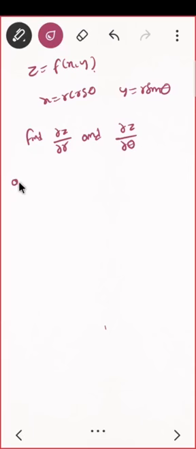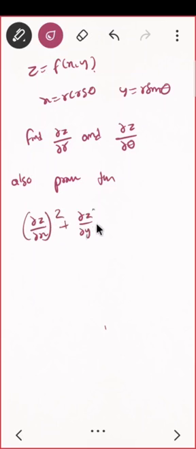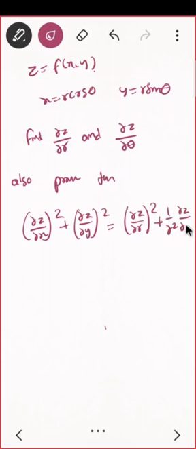Also prove that dou z by dou x the whole square plus dou z by dou y the whole square equal to dou z by dou r the whole square plus 1 upon r square dou z by dou theta the whole square. So this is what I want to prove here. How will you do?